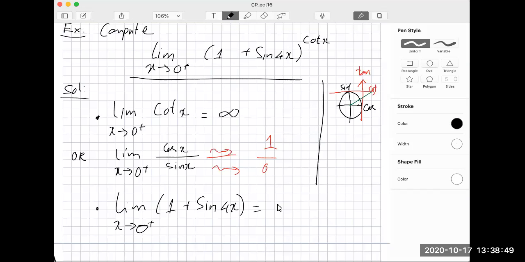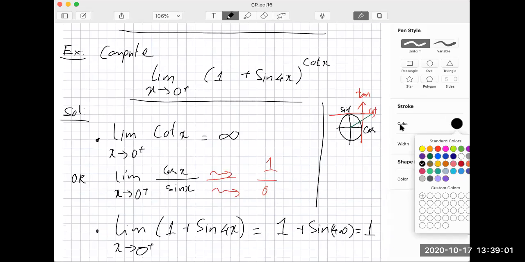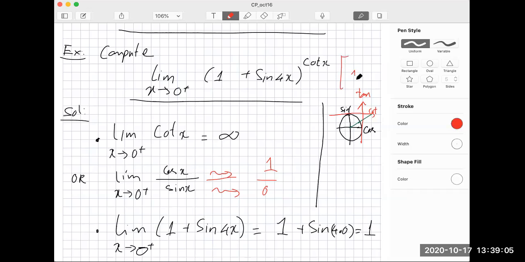Now it is approaching 1 plus sine of 0, 4 times 0, which is 1. So we see that it has a form of 1 to the infinity, right?